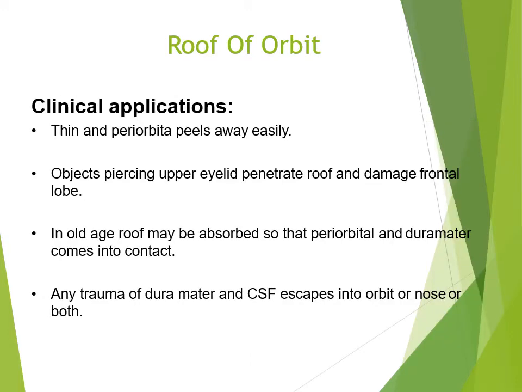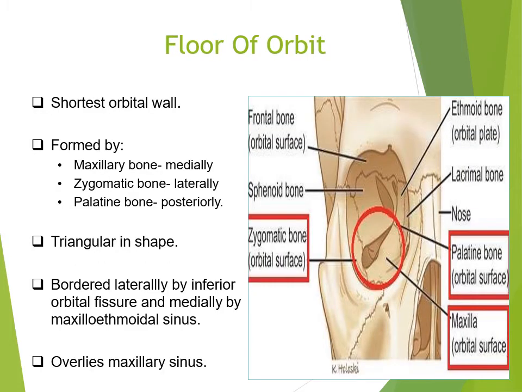Whenever there is an injury through your upper lid towards your roof, it gets damaged easily, and this affects the frontal lobe of the brain, and there is a possibility of CSF leakage into the orbit, where you have to repair it as soon as possible.